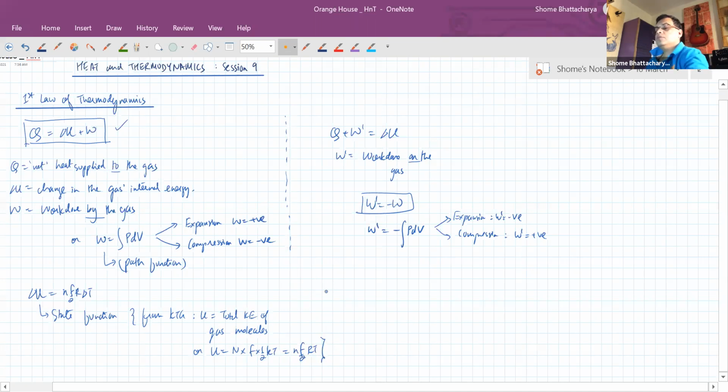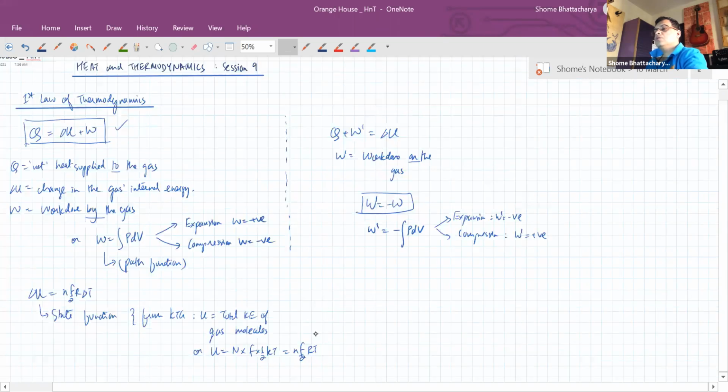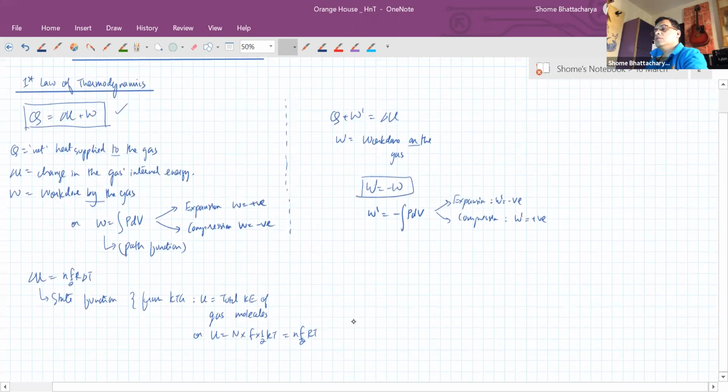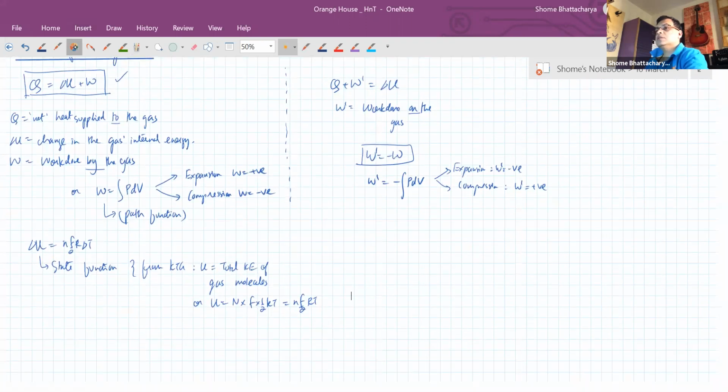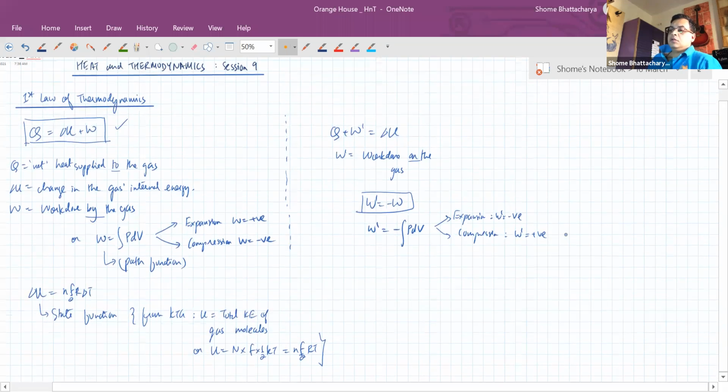So this concept from kinetic theory of gases translates to the formula of delta U for the first law of thermodynamics, and Q becomes the sum of delta U plus W. This also becomes a path function because W is a path function.